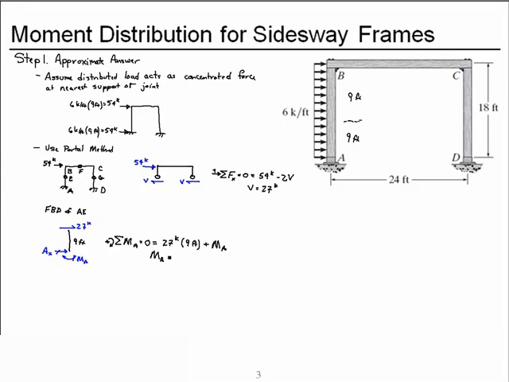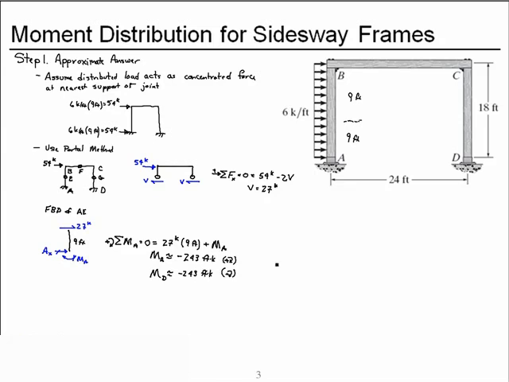So MA we think will be approximately minus 243 foot kips, or clockwise is positive. Now from the symmetry, the shear at the top of GD is the same, the height of GD is the same, so the moment at D we think will also be negative 243 foot kips.